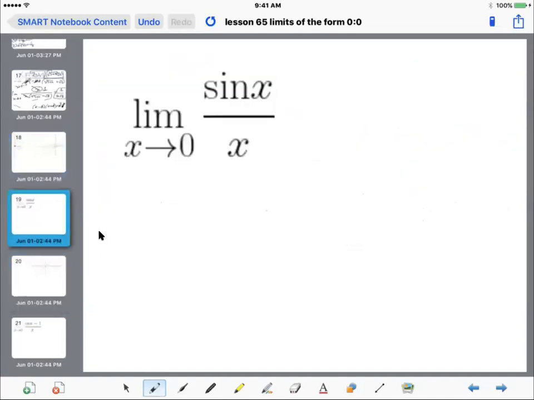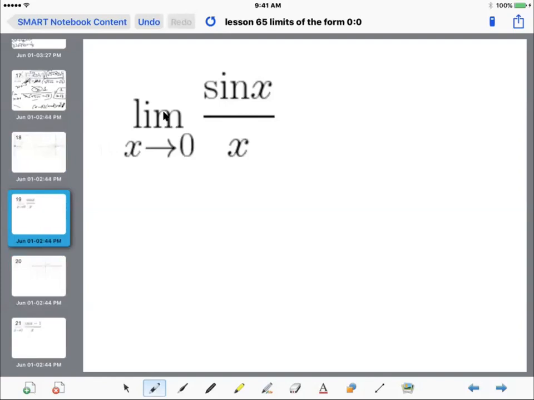Okay, here come some facts. And good news, we're not going to prove these facts. We're just going to get an informal feel for them. Sine x over x. Now, sine x over x, that's a 0 over 0 situation. So what's the answer?